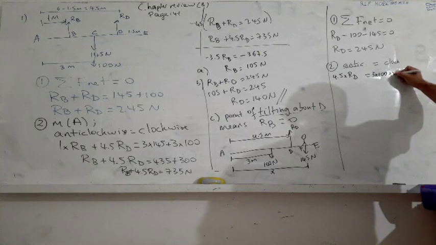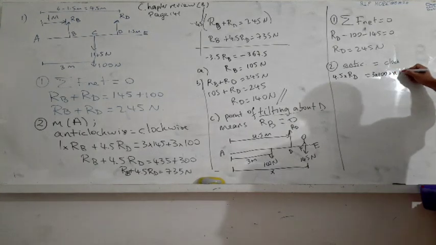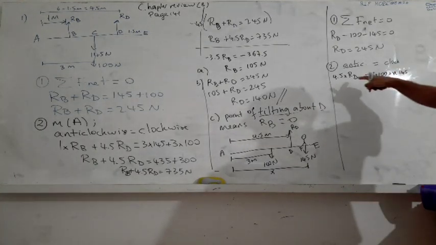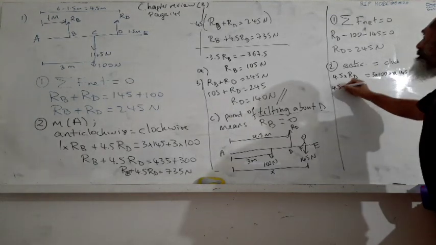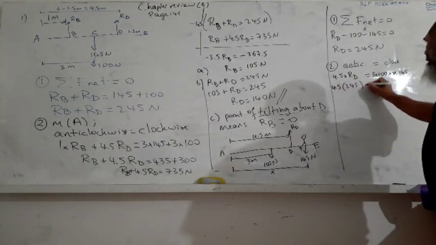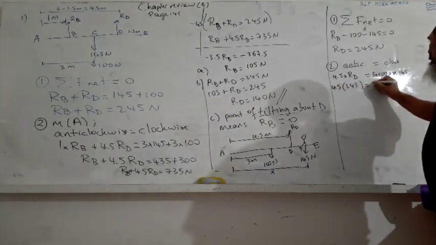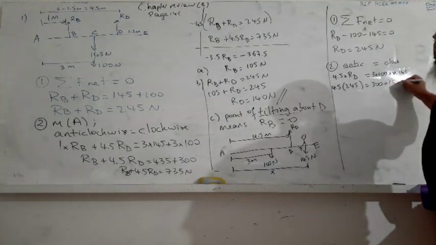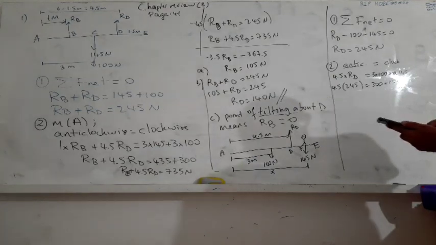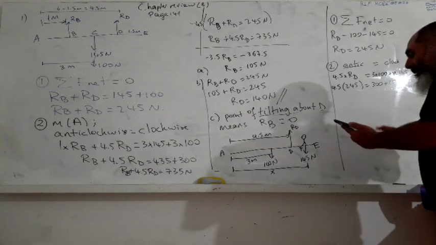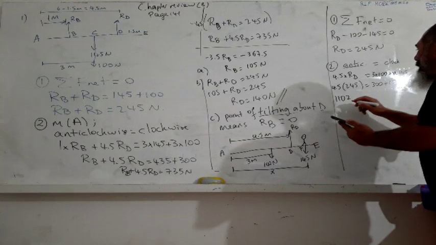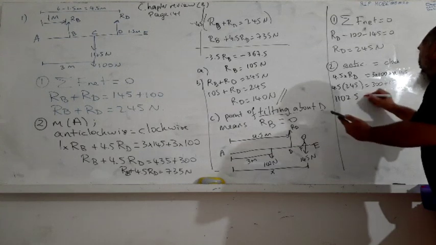Do we know RD? Yes. Again, with the help of the calculator, 1102.5 is equal to 300 plus 145x.